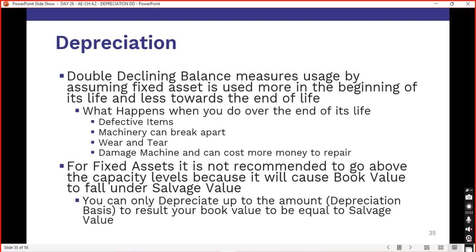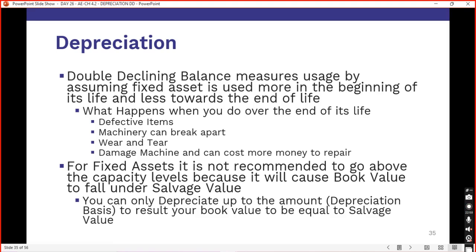Here you can only depreciate up to the amount that will give you your maximum output. At the end of the day, your book value should always be equal to your salvage value, because that's the maximum amount you can depreciate: the total value to get your book value to equal salvage value.